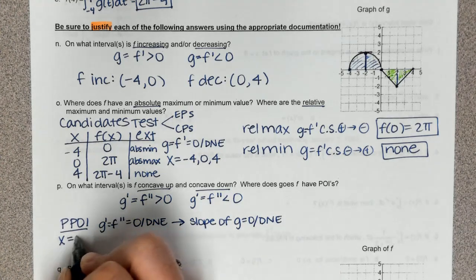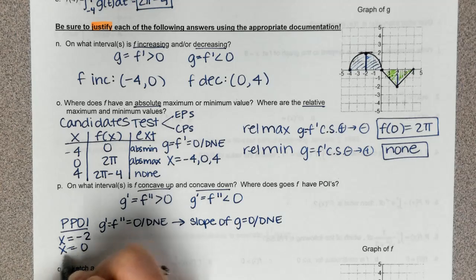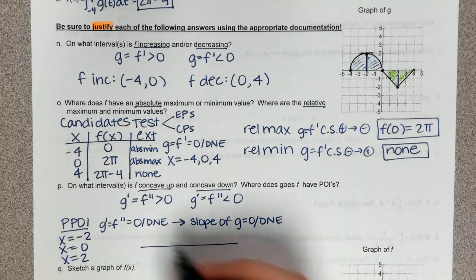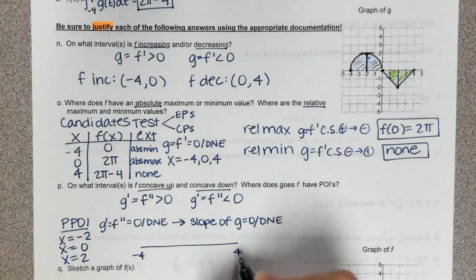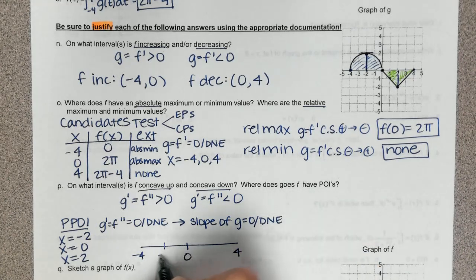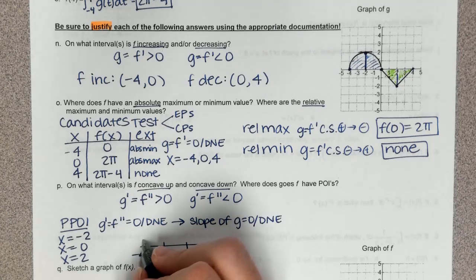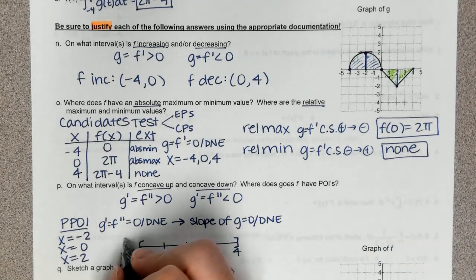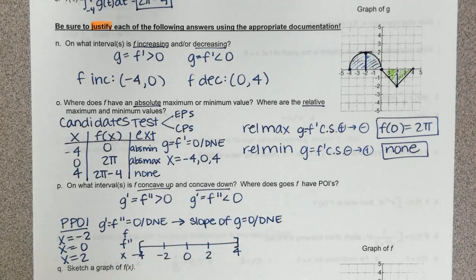So x equals -2 and 0 and 2. So our test for concavity, we're going from -4 to 4. 0, -2, and 2 are my possible points of inflection. And so I'm testing those in f double prime to check if f is concave up or concave down.